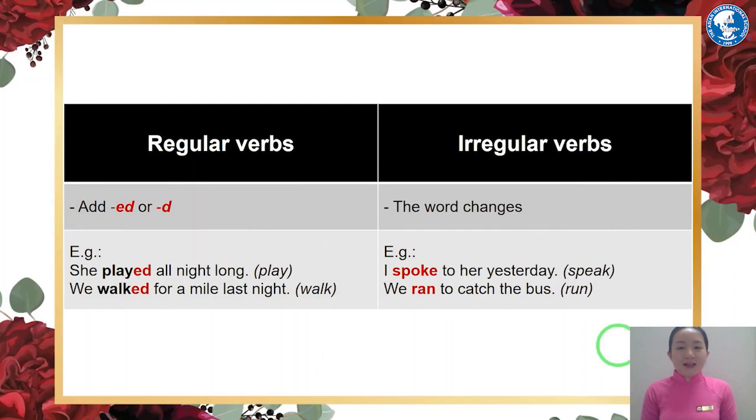This is a table I made for you to remember the differences between regular and irregular verbs. Remember, we add ed or d at the end of the verb to make regular verbs. But with irregular verbs, sometimes the word changes a little bit, but sometimes it changes completely.